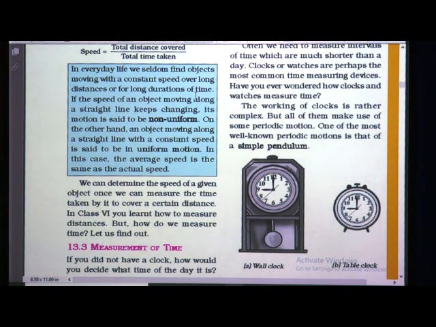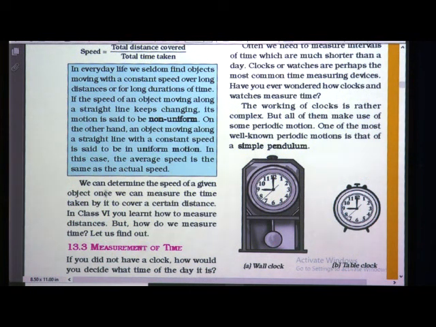And on the other hand, what is given? An object moving along a straight line with a constant speed is said to be in uniform motion. Some objects can move in a straight line with a constant speed. As I told you, after 5 minutes they will cover 10 kilometers, then again after 5 minutes they cover 10 kilometers, again after 5 minutes 10 kilometers, like this.